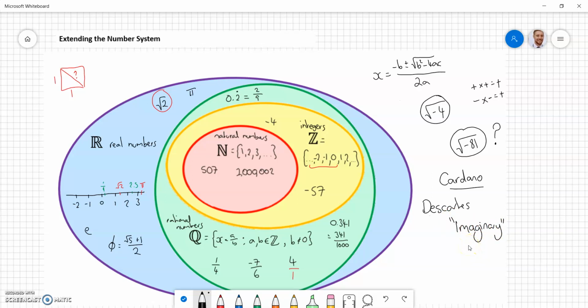Now we're coming to the end of this video, but in the next few videos, we're going to see that although they've been called imaginary, which is a bit of a ridiculous name now, it's kind of unfortunate that they've been given that name. Imaginary numbers, along with a wider group called the complex numbers, are actually very, very useful.